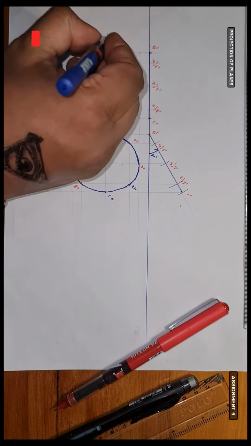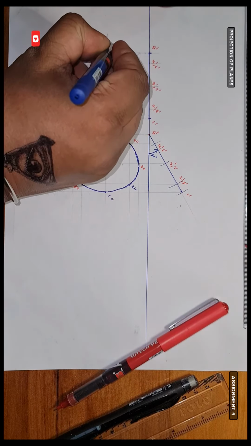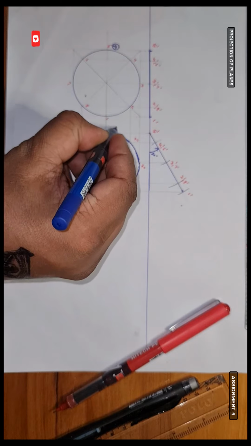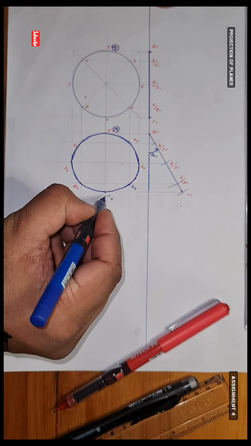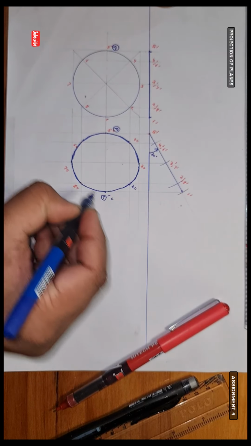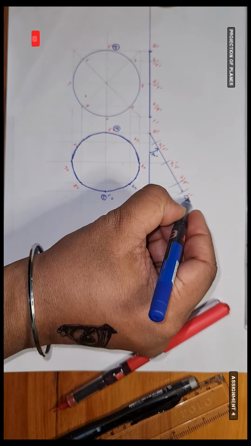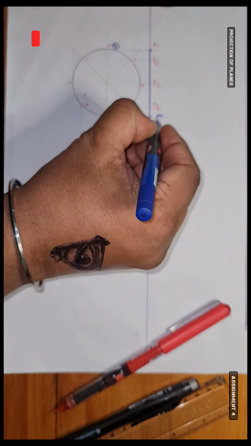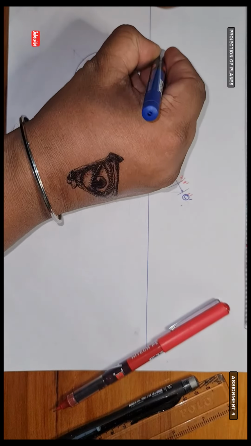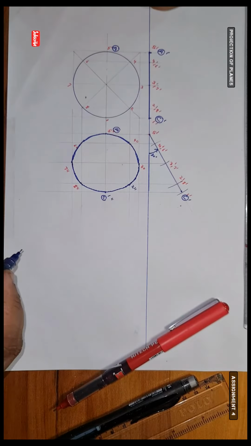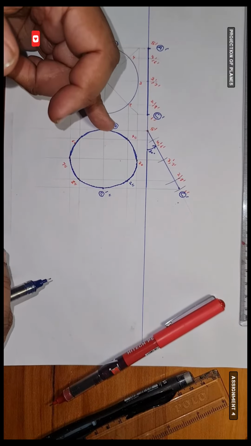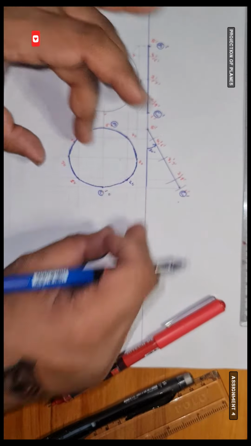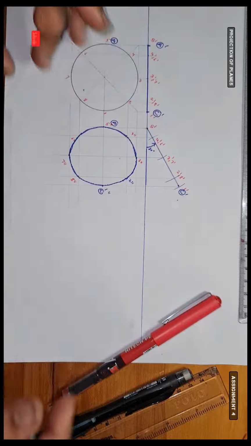This point is saying that this is resting on a point A, so you have to mention this point as A and C. Okay, this is point C. C dash, this is A dash. Okay, AC. So he is saying that you have to rotate this at an angle of 45 degrees.